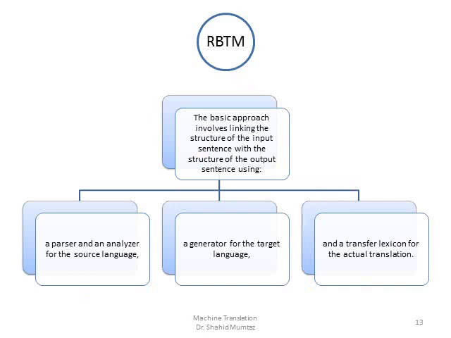The basic approach involves linking the structure of the input sentence with the structure of the output sentence. How? I mean, the structure of the input sentence and the structure of the output sentence are linked using a parser and an analyzer for the source language, a generator for the target language, and a transfer lexicon for the actual translation.